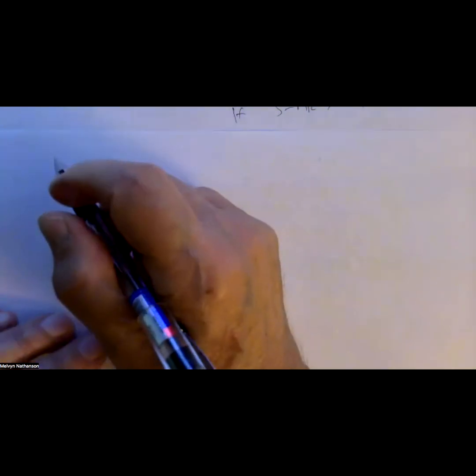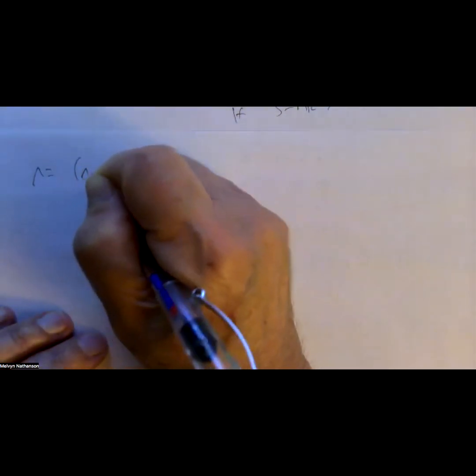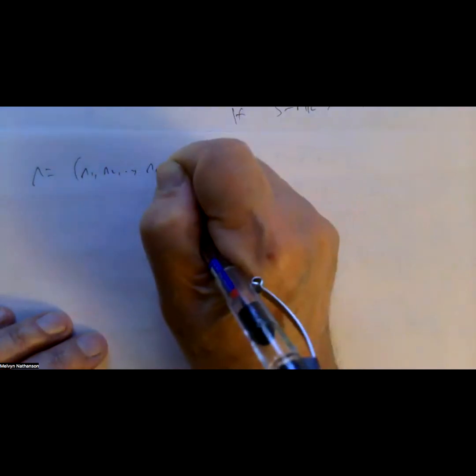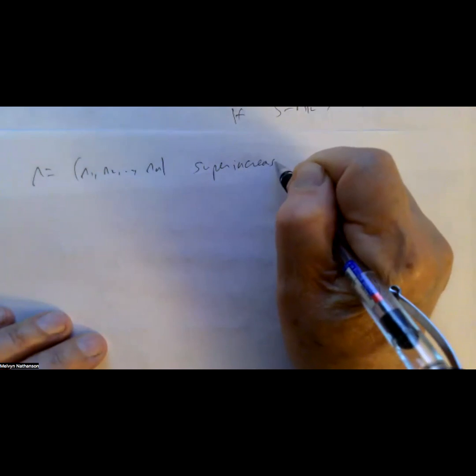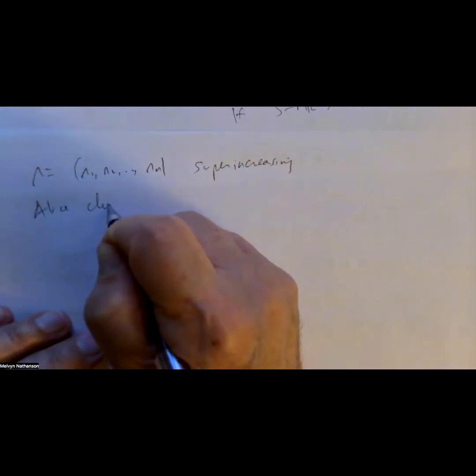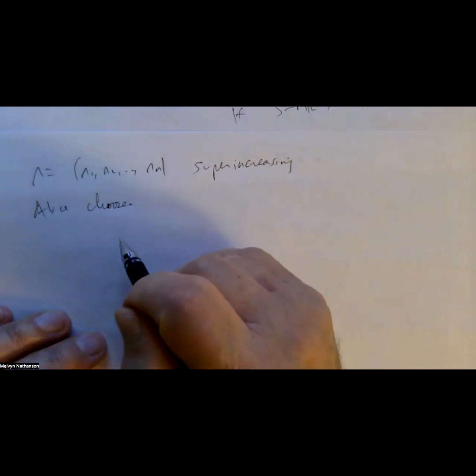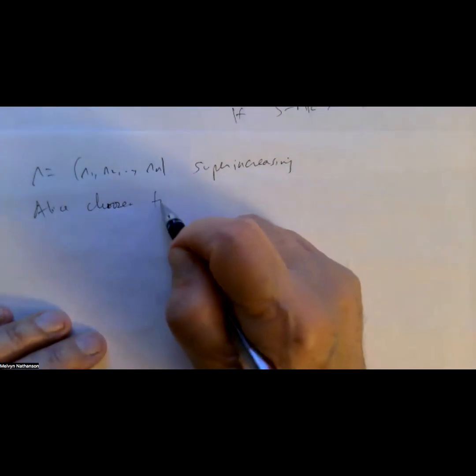Suppose we have our super increasing sequence R1, R2, up to R sub n. Then Alice chooses secret integers.